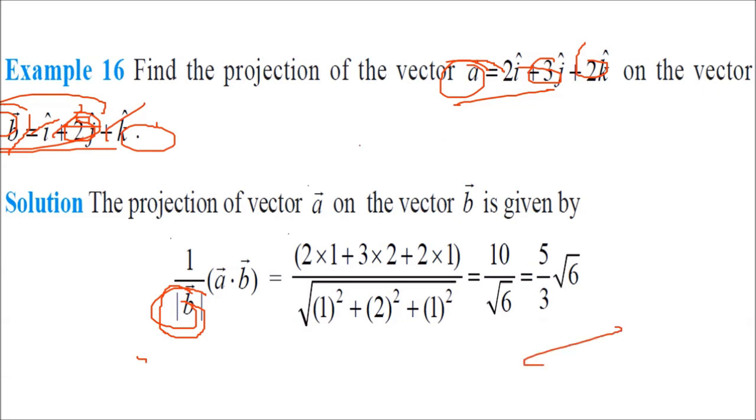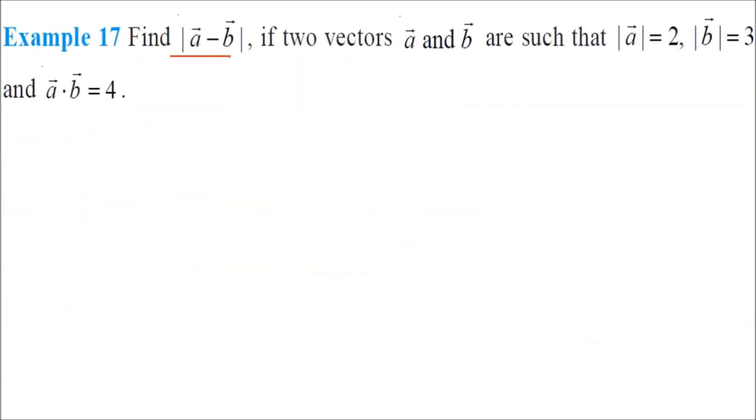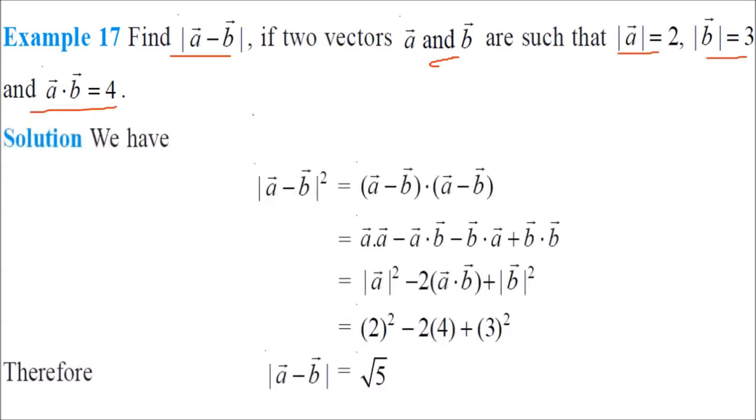This will be the answer. Find magnitude of A minus B if two vectors A and B are such that these magnitudes are given and A dot B equal to 4. So just square it. When you square it, it will be A minus B here, A minus B. So what you get? A square minus A dot B, and minus B dot A, and plus B square.